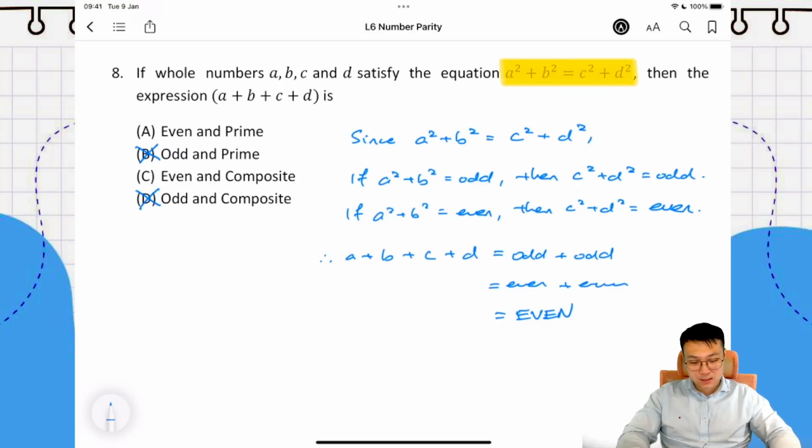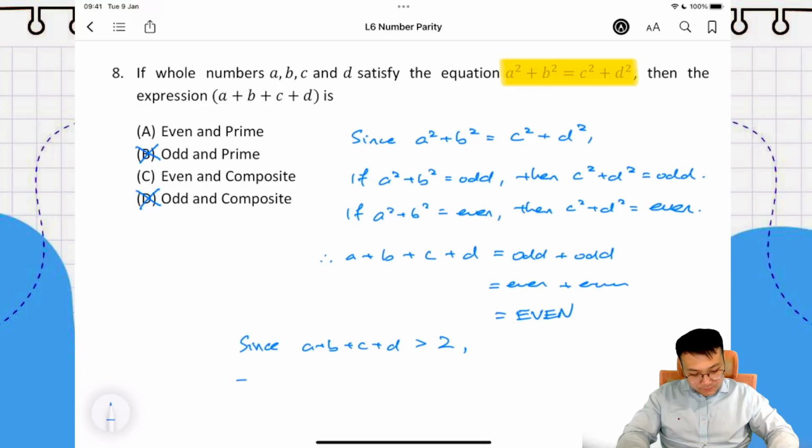Students, look. Even if we say that A is 0, B is 1, this is 2, this is 3, no matter what, A plus B plus C plus D is definitely greater than 2.